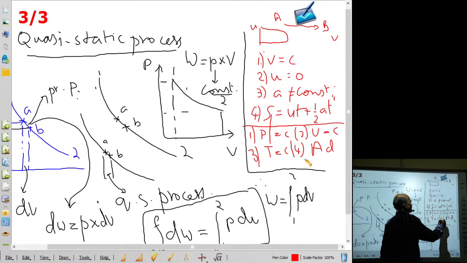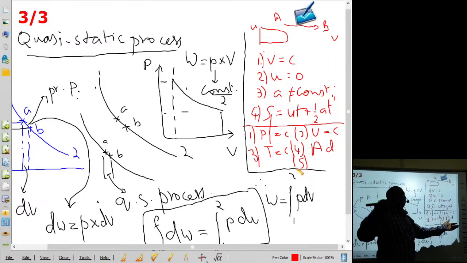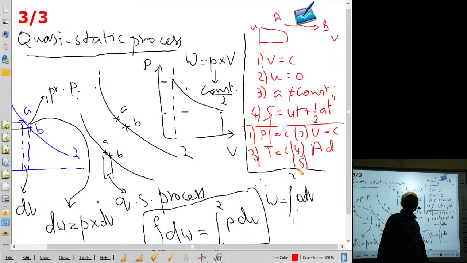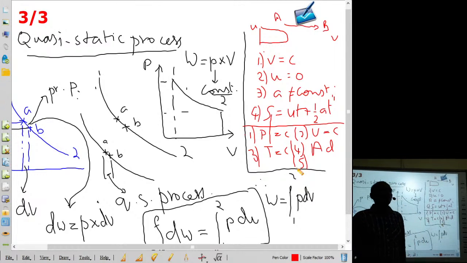And then the next one is pressure changes, volume changes, temperature also changes, heat also supplied. How much? We don't know. See, when you have a figure covered by 3 sides it is called a triangle, 4 sides, quadrilateral, 5 sides, pentagon, then hexagon, septagon, octagon, nonagon, decagon, dodecagon, and so on it goes.